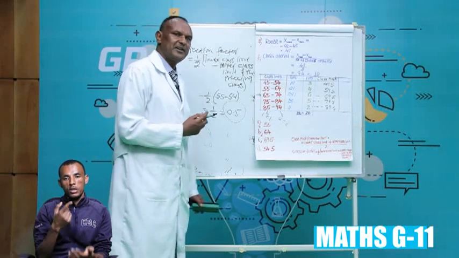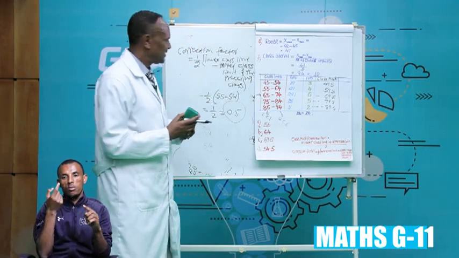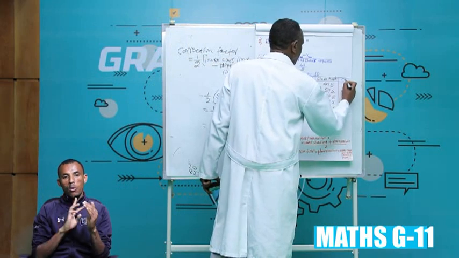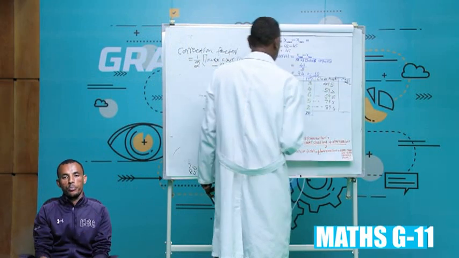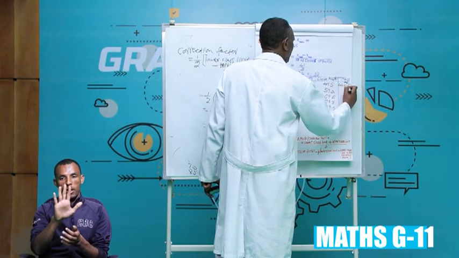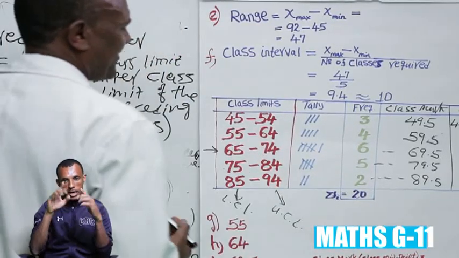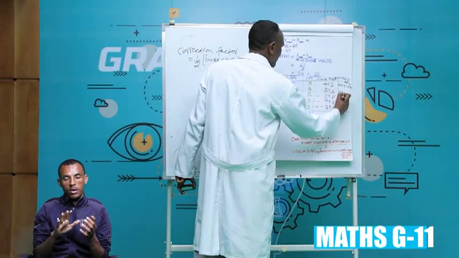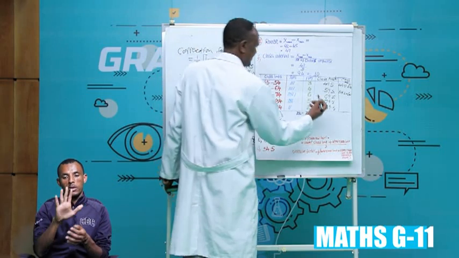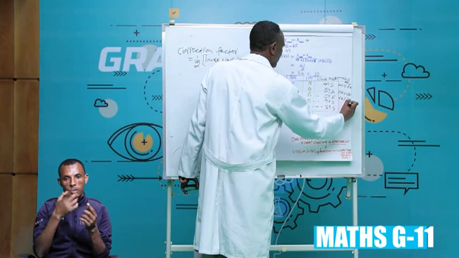And this 0.5 must be added to and subtracted from the limits. When I subtract from the lower limits, you will have the class boundaries. The first class has 44.5 to 54.5. The second class, when 0.5 is subtracted, gives 54.5 to 64.5. The third class, subtract 0.5: 64.5 to 74.5.